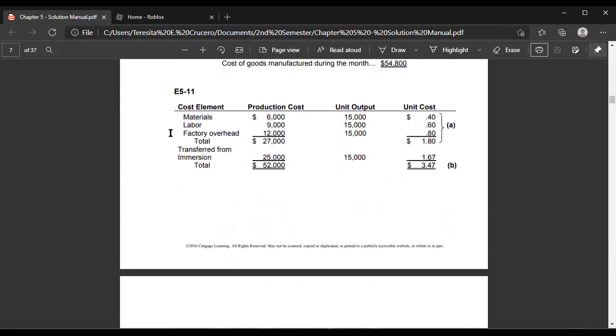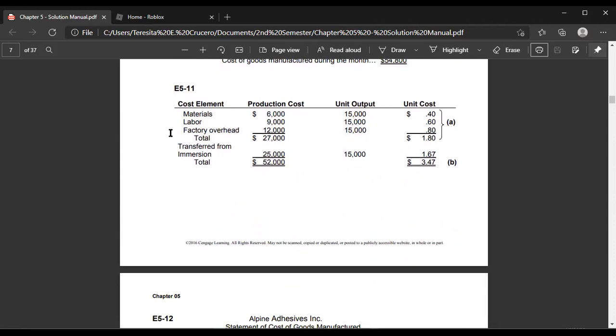Next, we go to E511, computing unit cost for department and for completed units. Alpine Incorporated has two production departments. The nature of the process is such that no units remain in process in finishing at the end of the period. At the beginning of the period, 15,000 units with a cost of $25,000 were transferred from immersion to finishing.